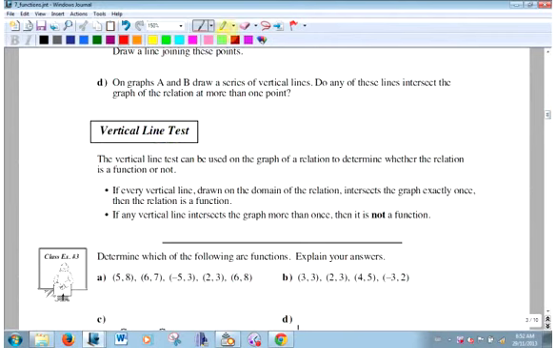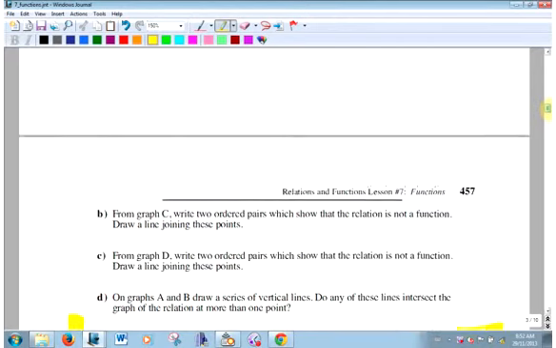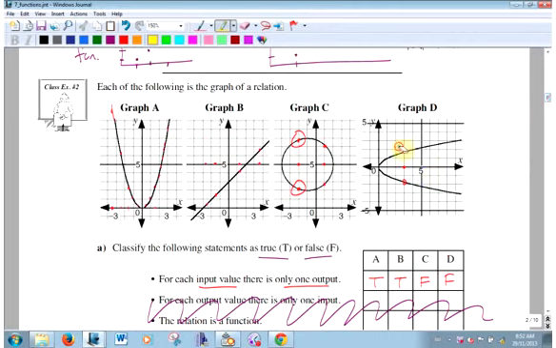Now, you're going to like this. The vertical line test. If it's a graph, all you want to do is draw vertical lines. If it cuts it in more than one spot, it's not a function. Okay? So that's exactly what we were just doing. Let's try the vertical line test. Can I draw a vertical line through this where it cuts this graph only once?